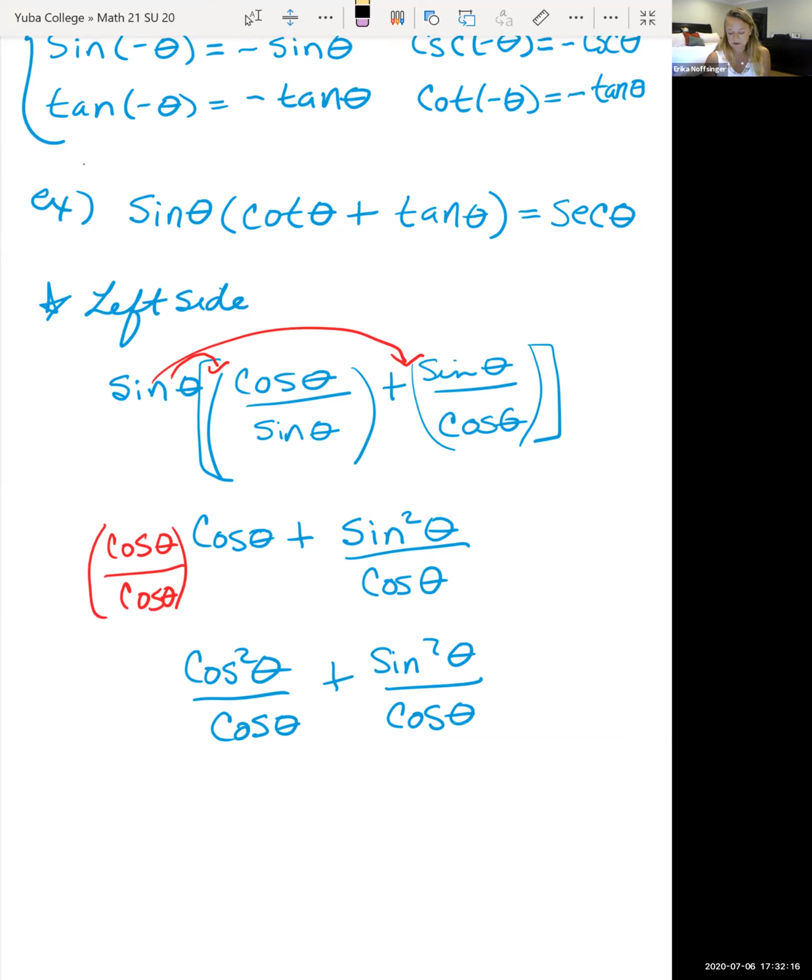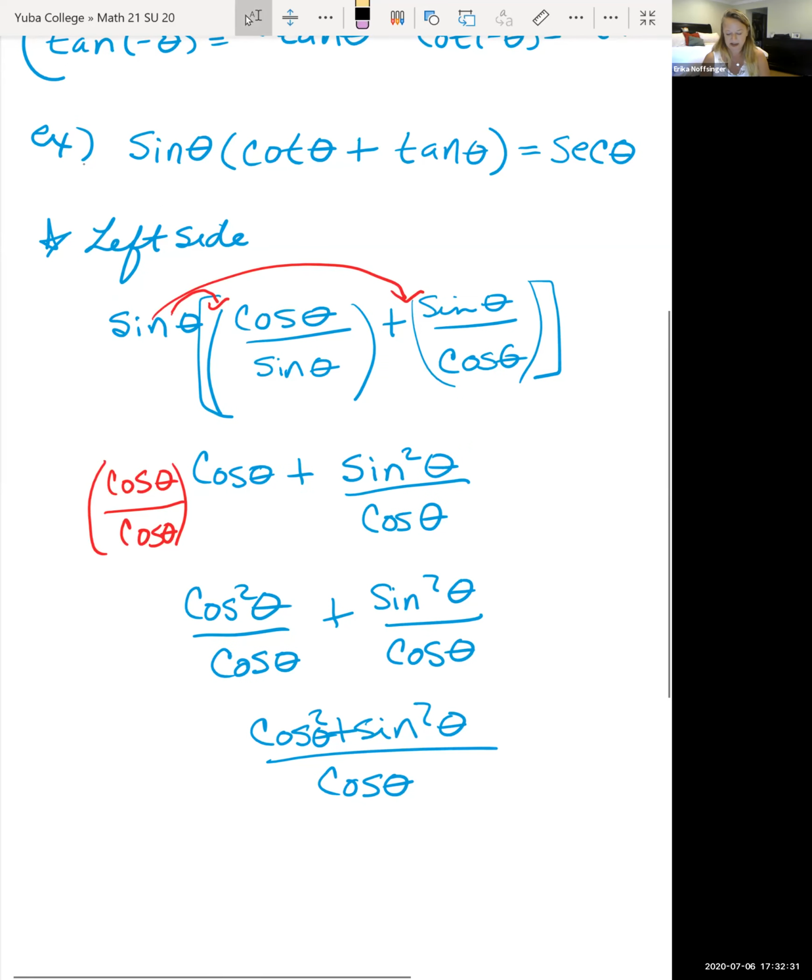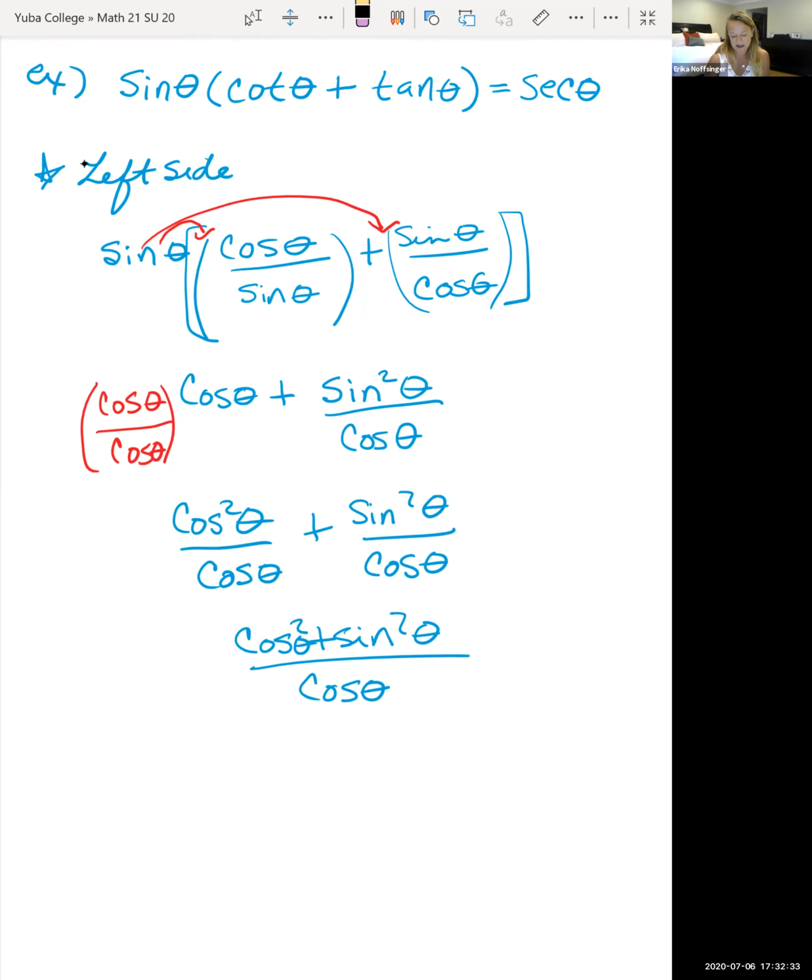Well, cosine squared plus sine squared, if you don't recognize that, hopefully you do, all over our denominator of cosine theta. But by our identity, cosine squared plus sine squared is just 1.